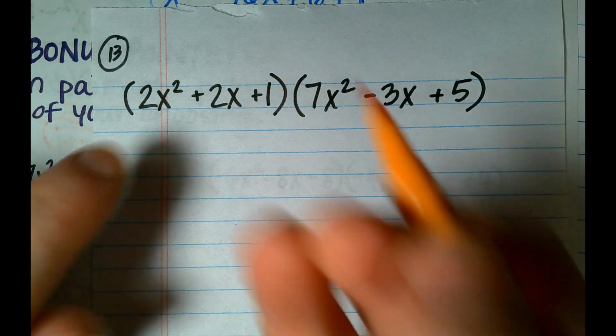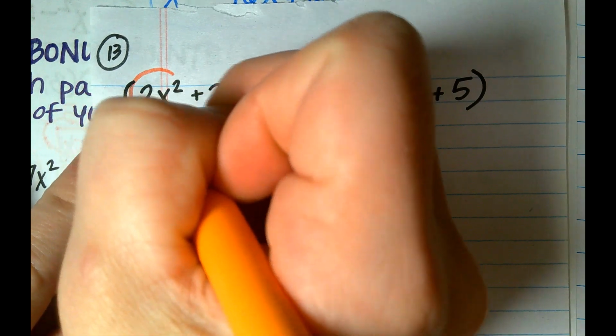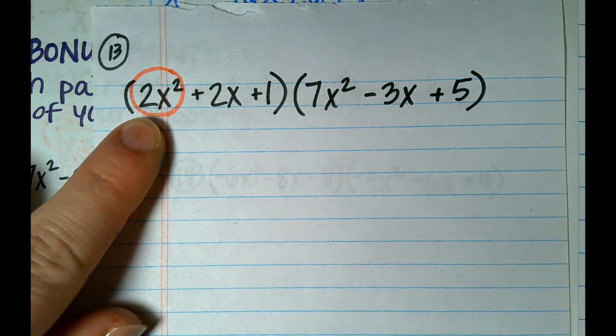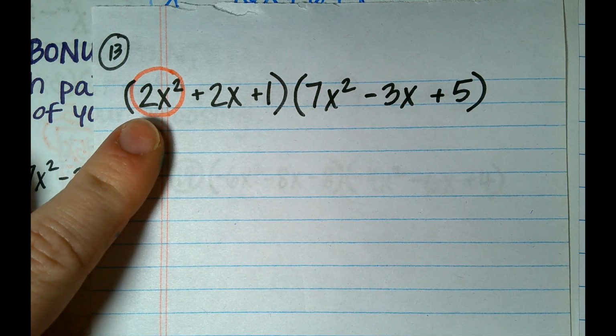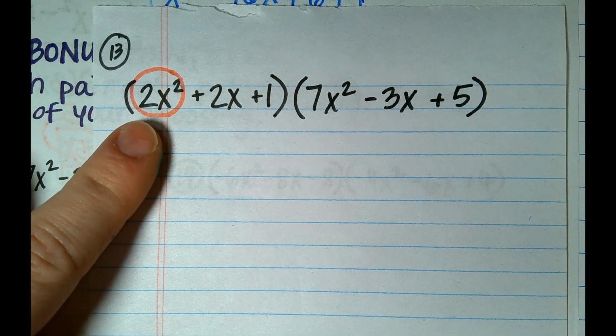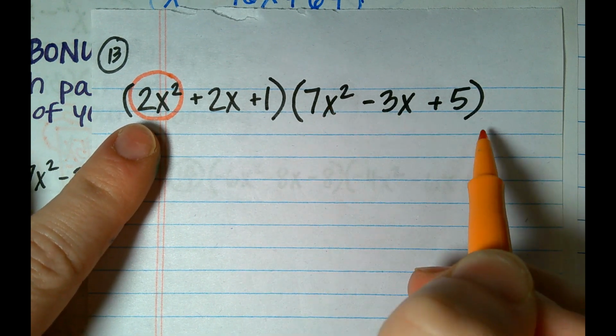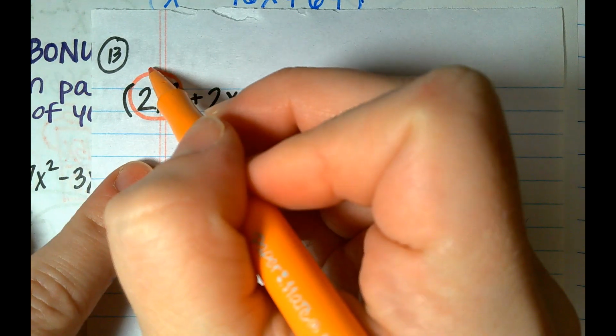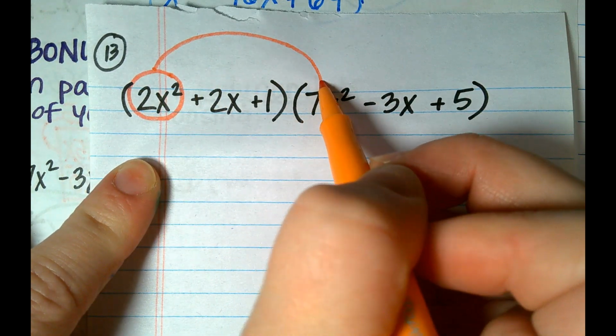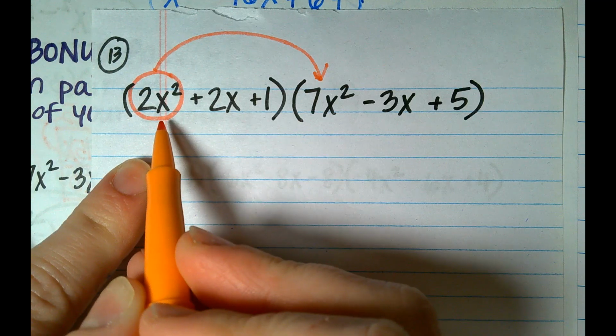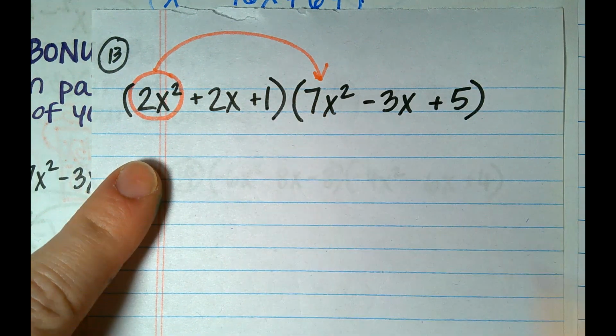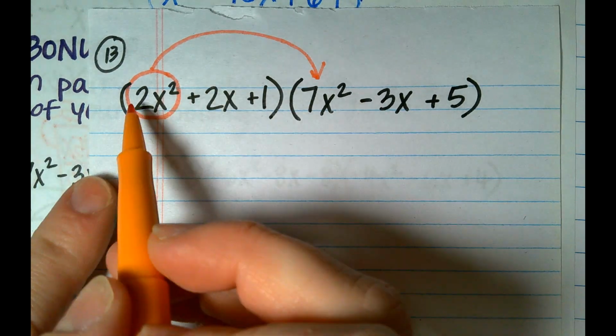I'm going to start with my first term, 2x squared, and I'm going to multiply that to all three terms on the other polynomial here. So I'm going to start with 2x squared times 7x squared. So first, let's look at the coefficients.